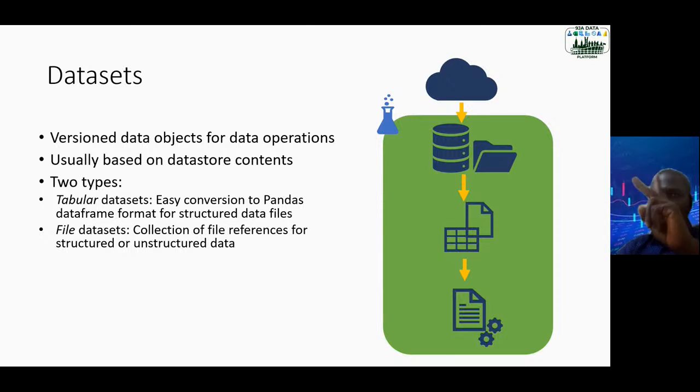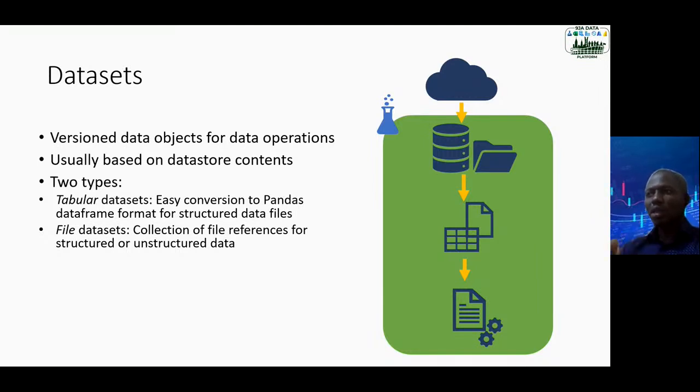Now, there are 2 types of data sets: tabular data set and what? File data set. Tabular data set has easy conversion to Pandas data frame. Now, another thing we talk about is data frame. Storage account, data types, data store, data set, data frame.